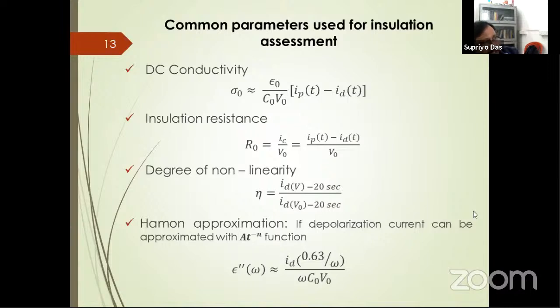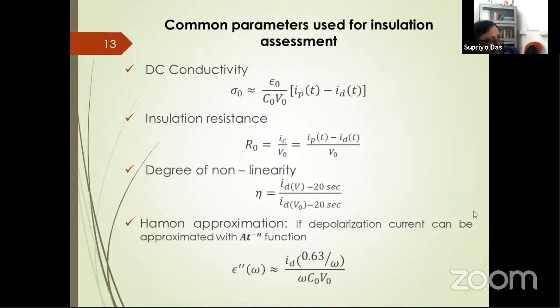But once we increase the voltage level, we may get a higher depolarization current, because when the material gets aged, there are possibilities of more polarization because of bond breakage in the insulating material.